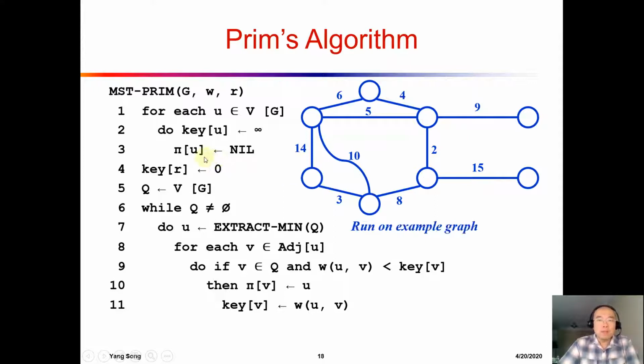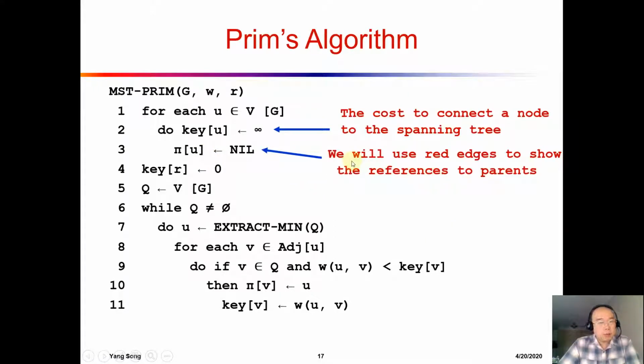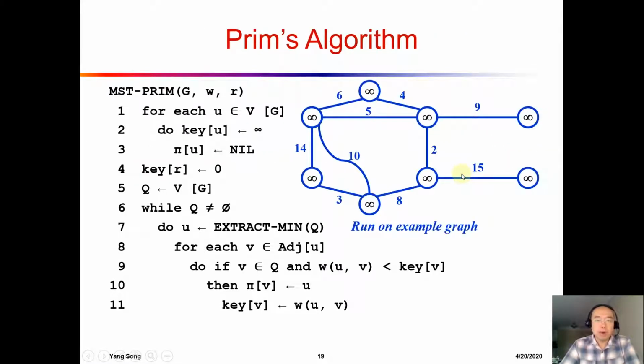For the pi, instead of showing you the values in the pi, I will just use the red edges to show the references to the parents.